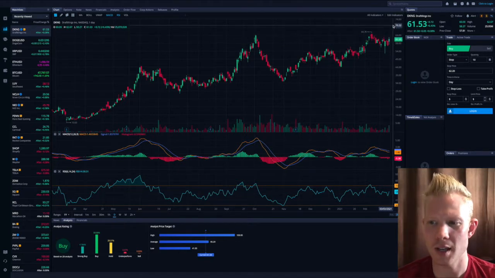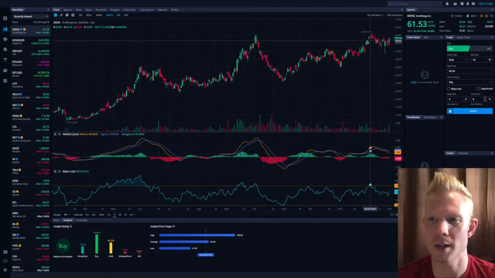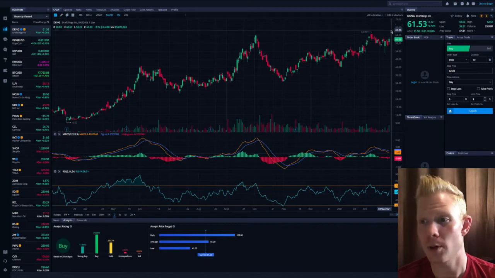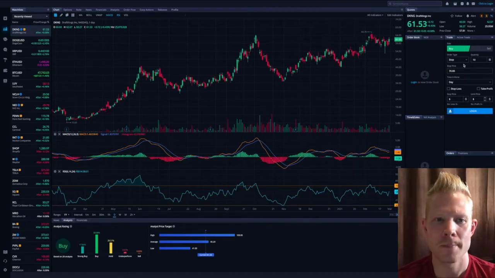Say with DraftKings, you're not sure where this is going, but if it went above $70, then you're really sure it's moving on an upward trajectory. Then you can put a buy stop at $70, and it will fill as close as it can to that once it hits $70.